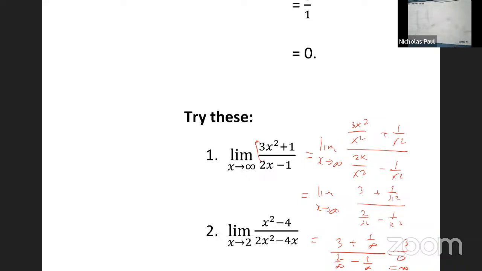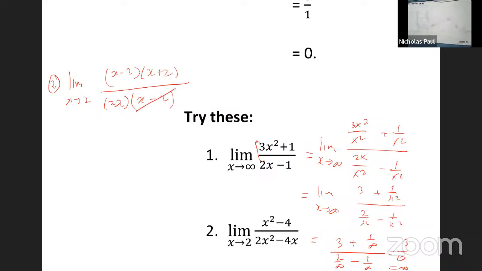All right, let's check number 2. More than likely, it looks like number 2 could be factorized. So that'll be x minus 2 on top, x plus 2 underneath. And then you have 2x squared minus 4x. What we could factor out is 2x, and we'll get x minus 2.